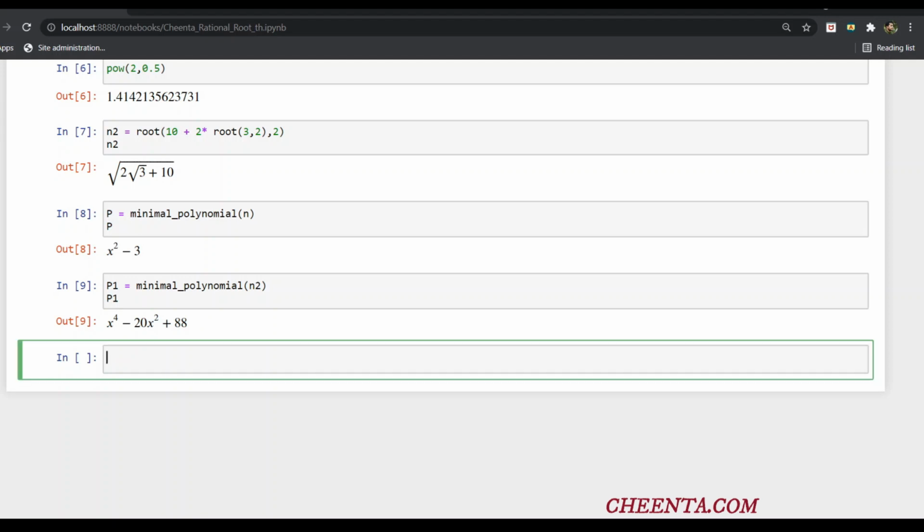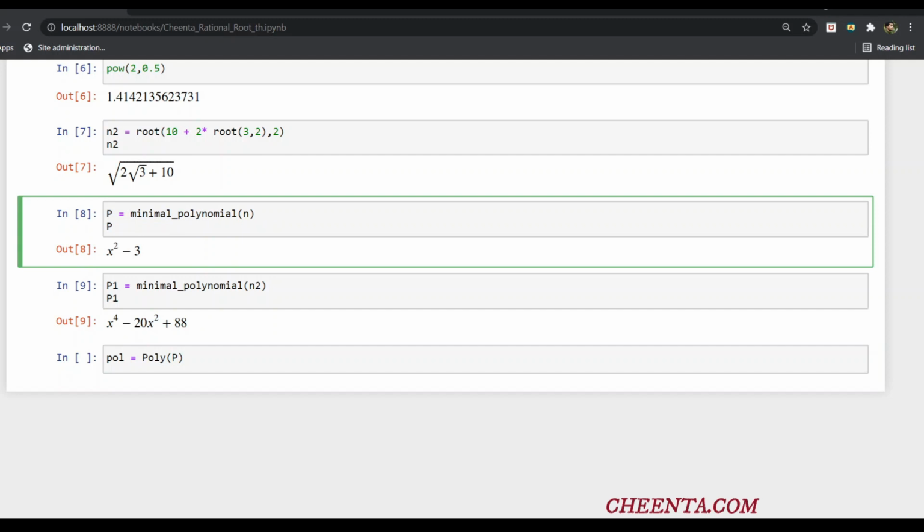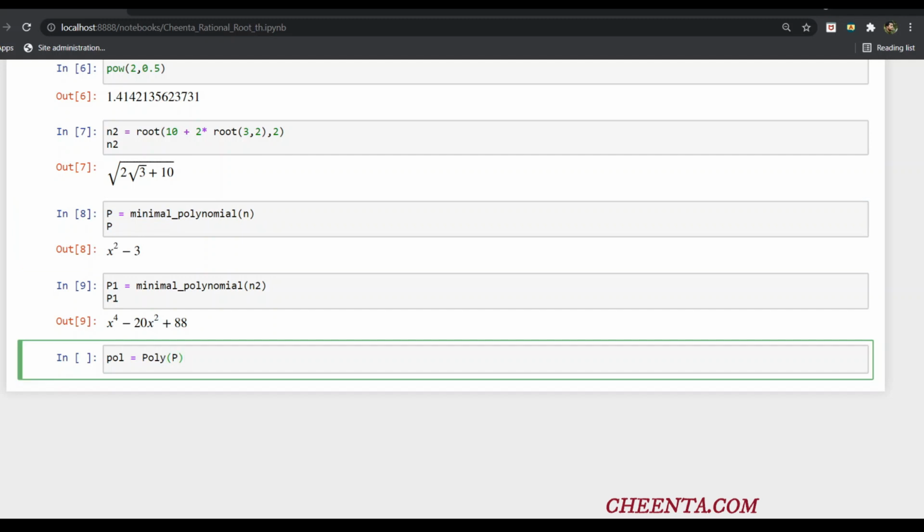Okay, so how can I do that? I can write the polynomial as poly and the minimal polynomial. In this case, I am using this minimal polynomial. I have written here p. Okay, I hope it is clear.